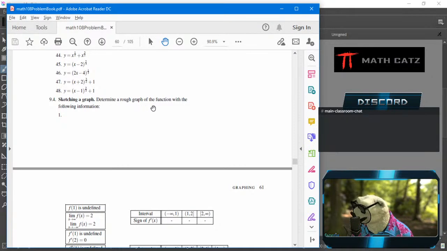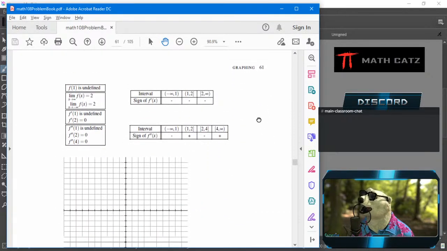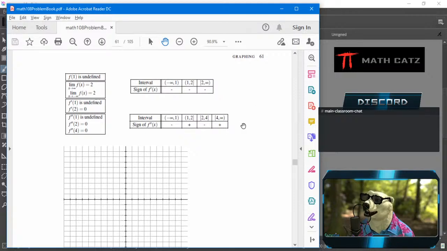So determine a rough graph of the function with the following information. Sometimes they give you all the information you need. Sometimes they leave some stuff out in terms of specific y values so that you can focus on the shape and pick a y value that gives you a nice curve, and we'll see that as we go.